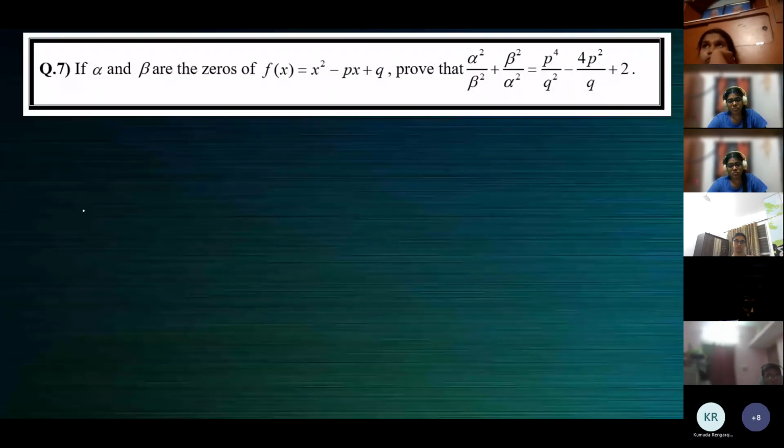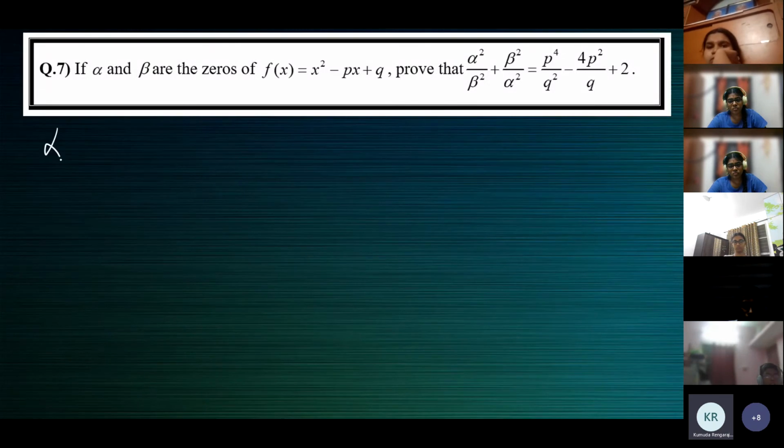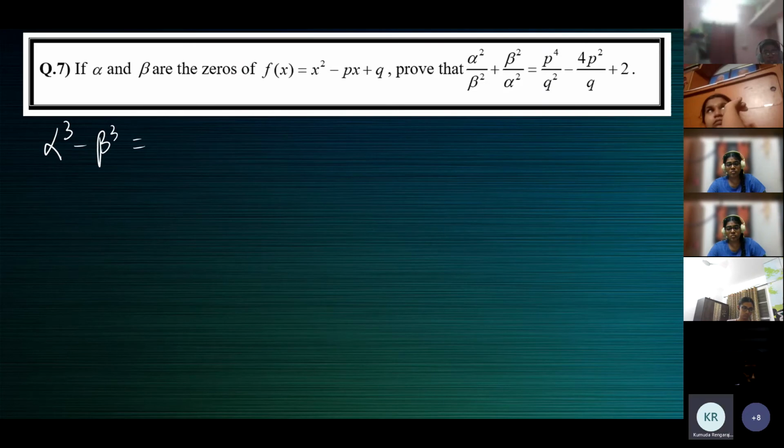Okay, so tell me from the videos, what is alpha cube minus beta cube? Alpha minus beta the whole cube minus 3 alpha beta into alpha minus beta. Very good. Alpha cube minus beta cube is equal to alpha minus beta the whole cube, then minus 3 alpha beta into alpha minus beta.